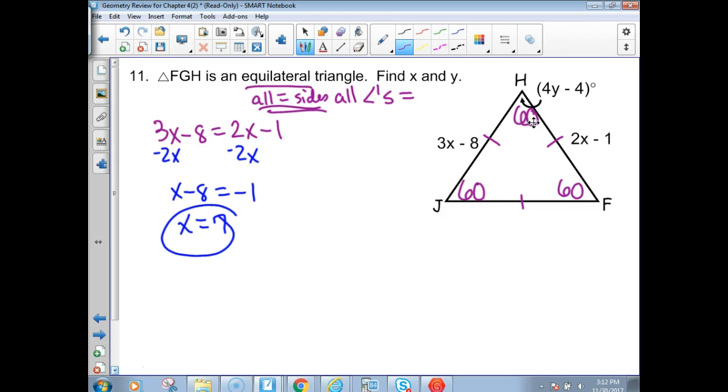So what I was saying was these angles have to be 60, so we're going to need to do a new equation now to find y. Well, I'm not going to start off with 60. I'm going to say 4y minus 4 is equal to 60 degrees. Okay, now you should be able to solve for your y. But you're right, Donovan, each side is 13.